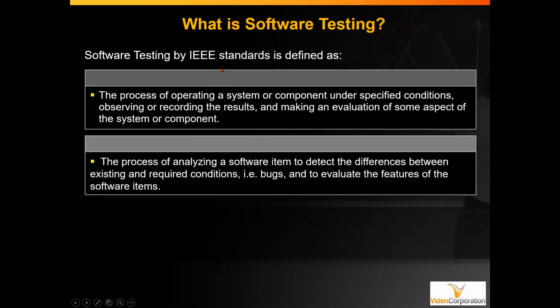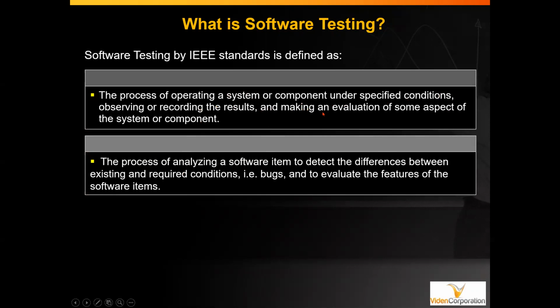Now this is the definition of software testing, again by IEEE standards. IEEE stands for Institute of Electrical and Electronics Engineers. If you see what they're talking about here, it is product evaluation, which you can see right here.